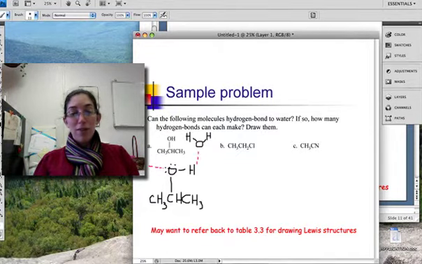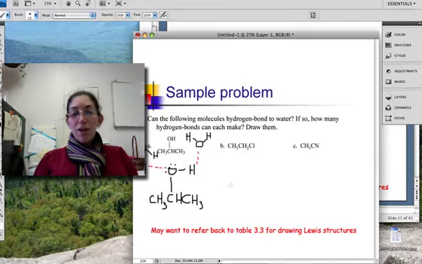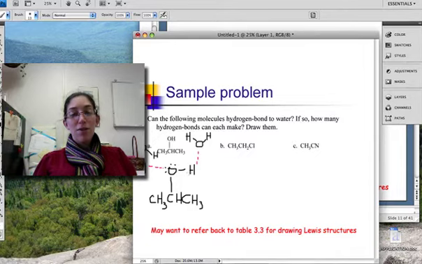It's going to be attracted to one of the hydrogens in the water molecule. Okay? Ta-da! So this molecule can hydrogen bond with water in two ways. The hydrogen can interact with the oxygen in water, and the oxygen in this molecule can interact with the hydrogen in water. Okay?